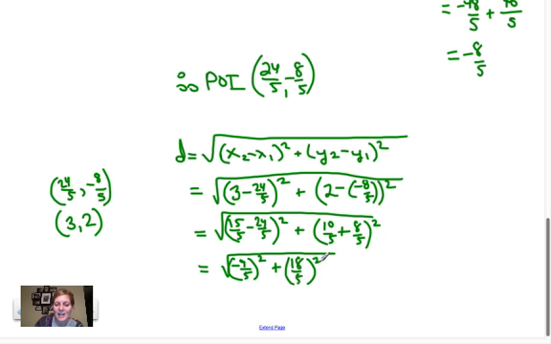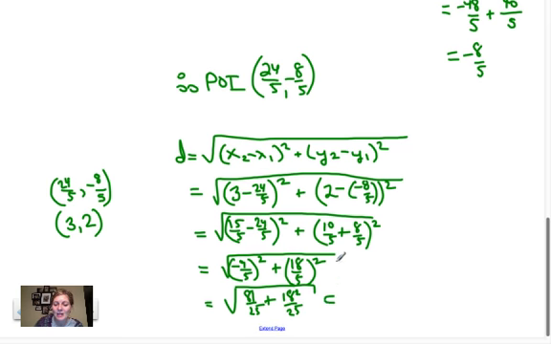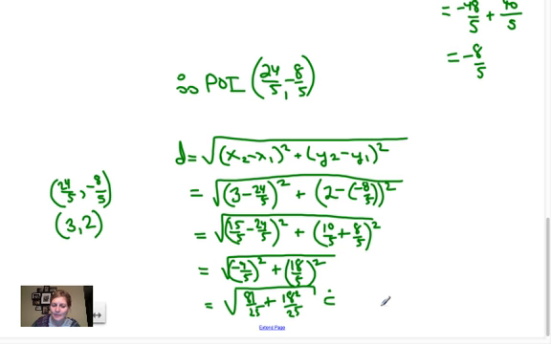And we're going to square that, giving us 81/25 plus 18 squared, we'll have to figure that out, over 25. And when we do all the math, punch it into your calculator, the answer is going to be 4.02 units, approximately.